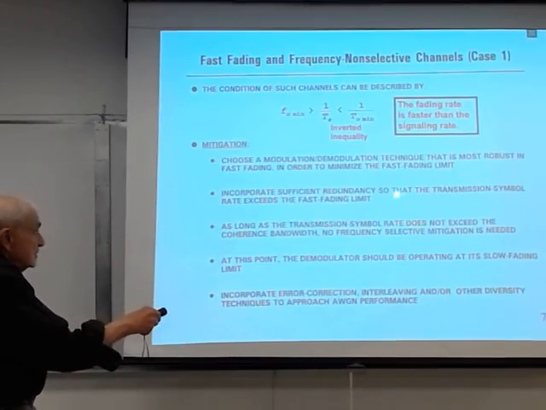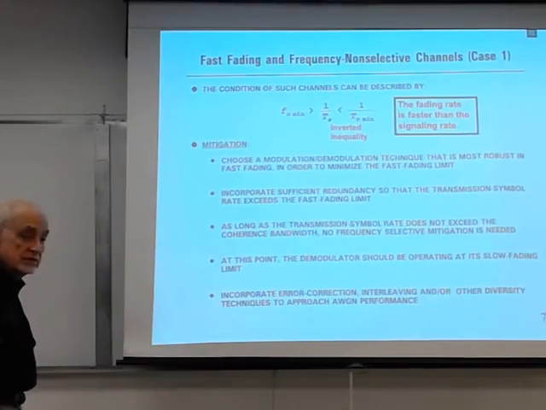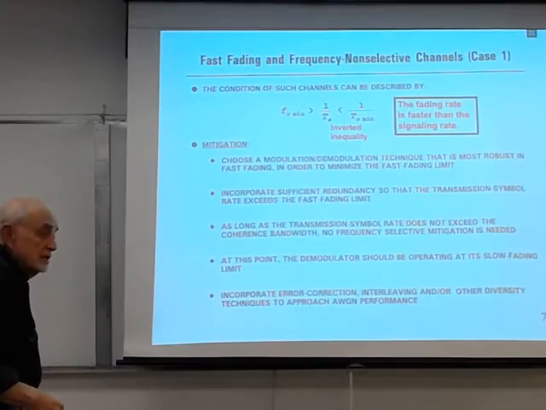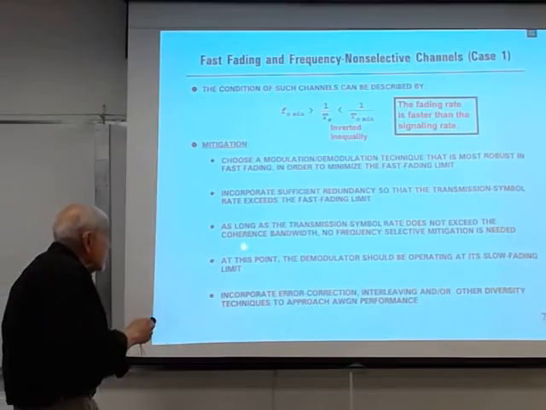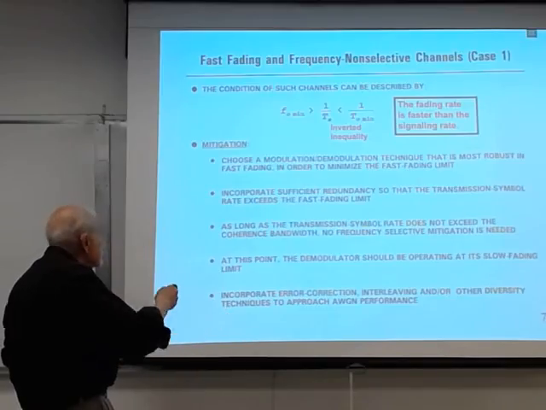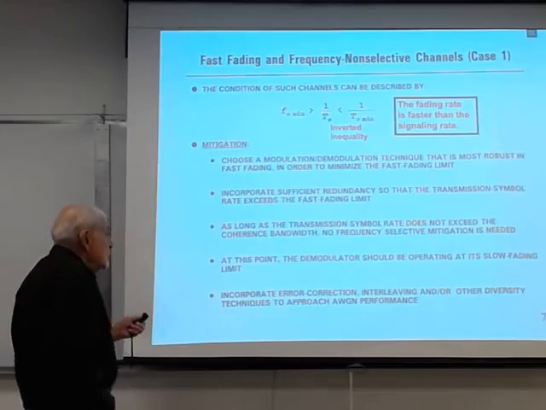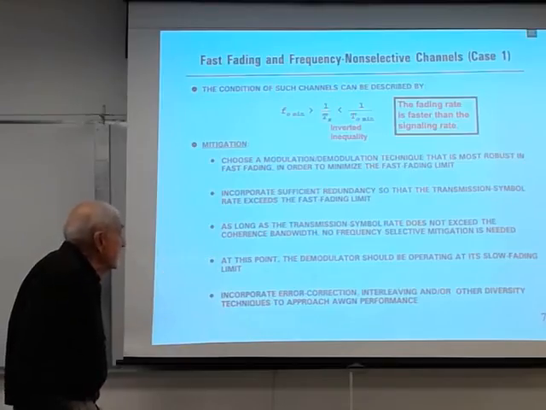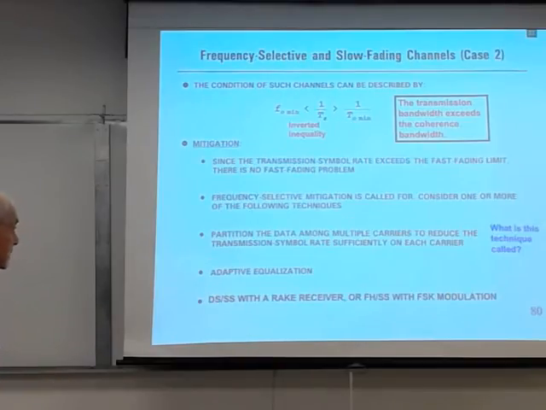Incorporate sufficient redundancy, like error correction coding. And as long as the transmission symbol rate does not exceed the coherence bandwidth, no frequency selective mitigation is needed. Once you change that by making this go faster, you should be operating at the slow fading rate limit. And then you can do all the other mitigation things also.